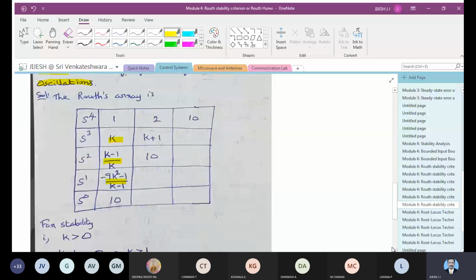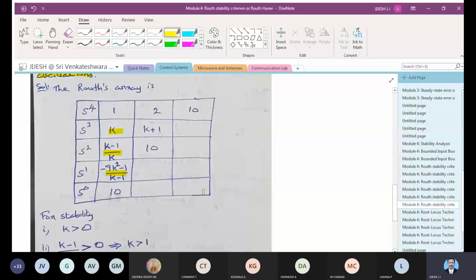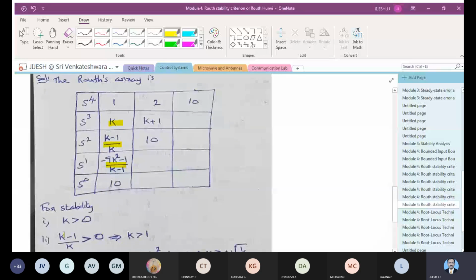First we are going to write k should be greater than 0. First one. Then, now it is (k-1)/k, so (k-1)/k has to be greater than 0 for the stable system. When you solve it, you will get k has to be greater than 1. That is not enough.